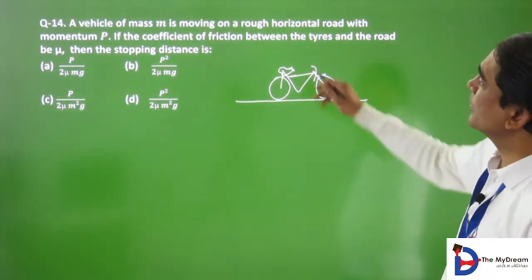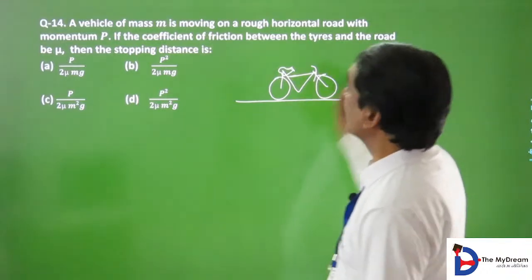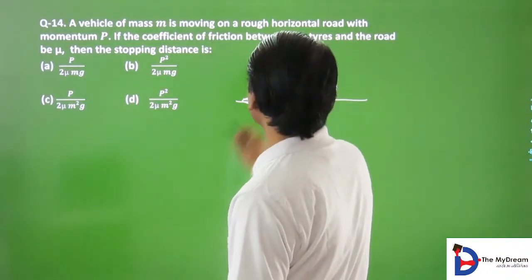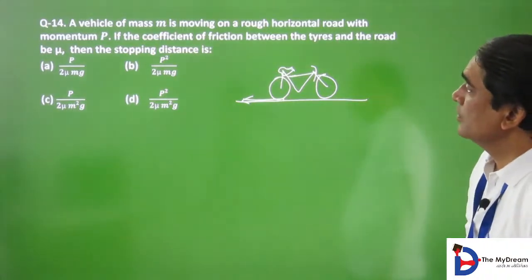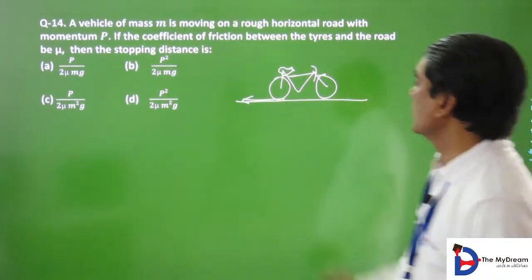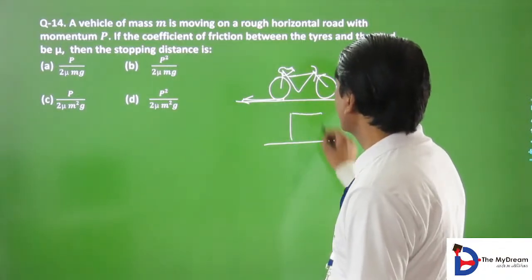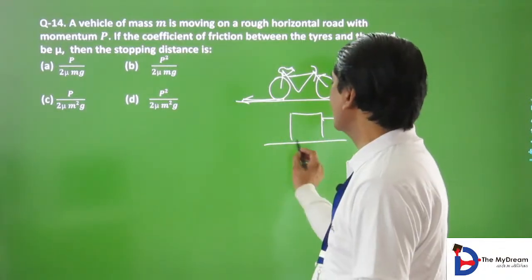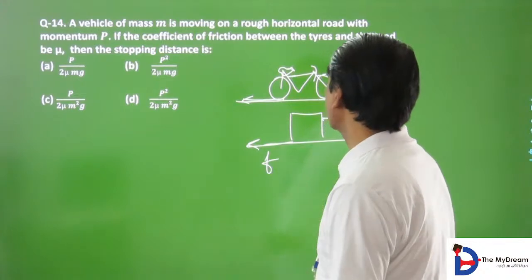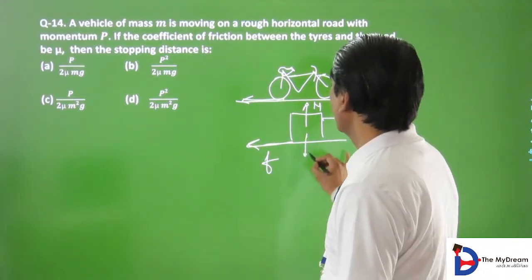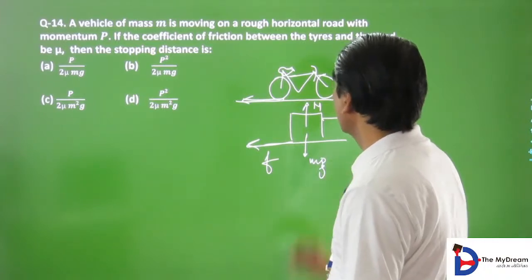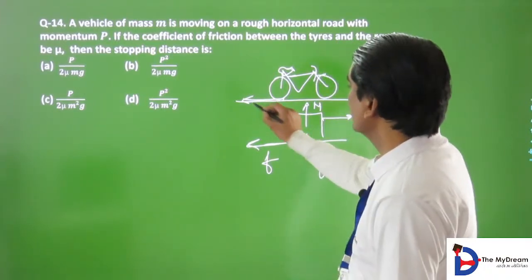If the coefficient of friction between the tire and the road is mu, I taught you that if a system is moving like this, the force of friction is this one, this is the normal, this is the weight, this is the reaction.